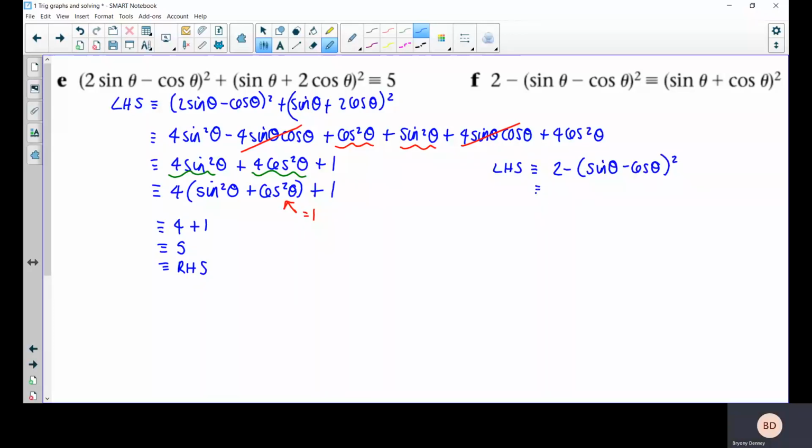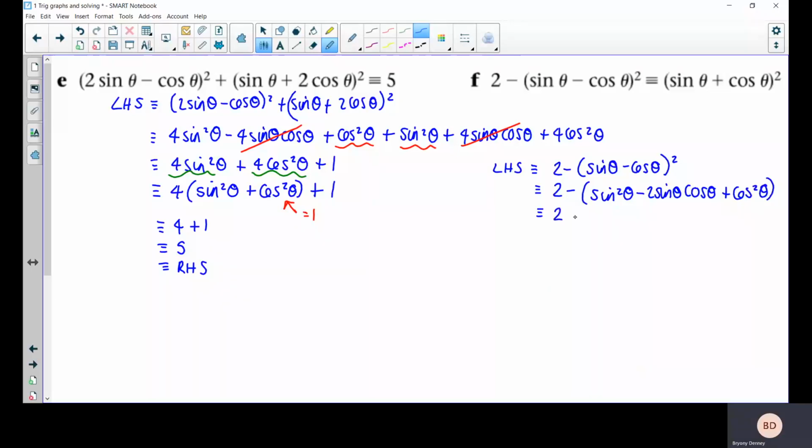So I'm going to expand the brackets. I'm going to keep my answer in a bracket because I've got a minus before it. So I'll have sine squared theta minus 2 sine theta cos theta plus cos squared theta. Now I'm going to apply the minus to everything.